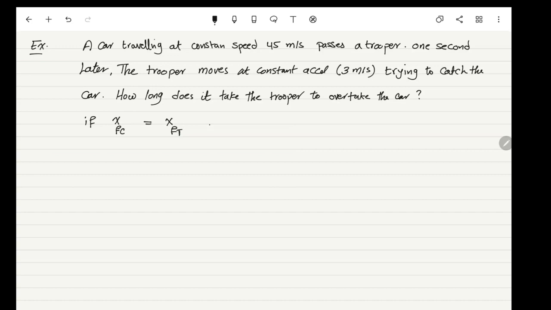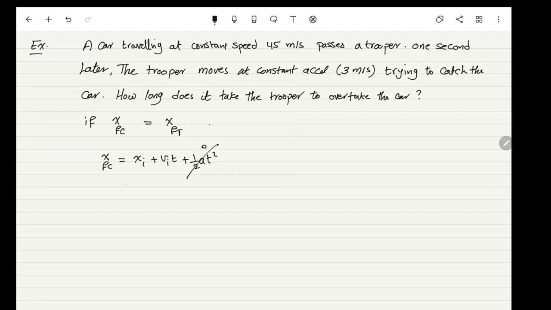So let's calculate the x final for both the trooper and the car. So x final for the car equals x initial plus v initial t plus half a t squared. Since the car is moving with constant speed, the acceleration part equals 0.